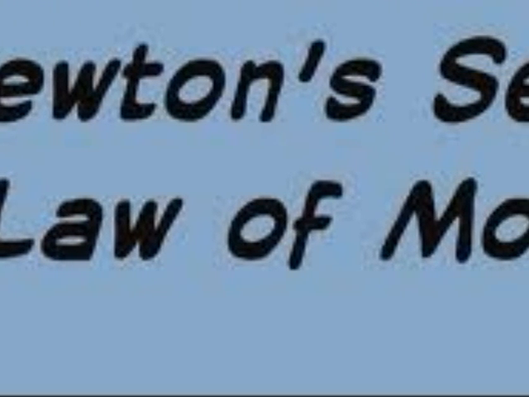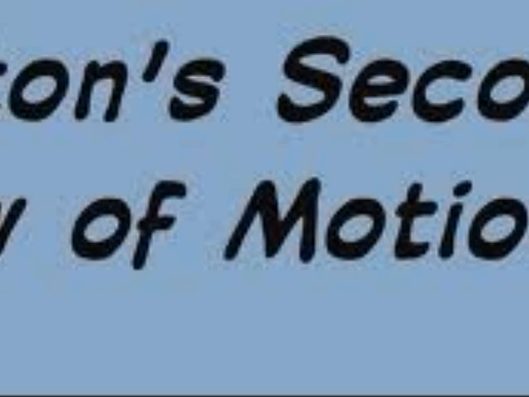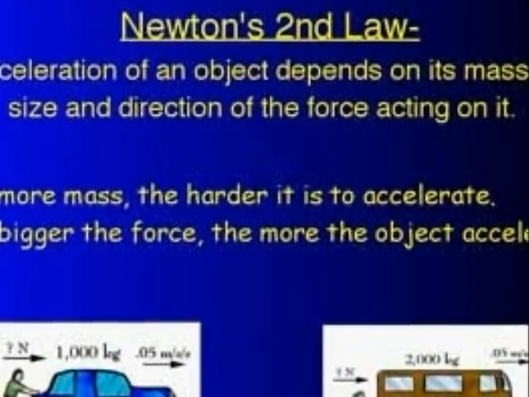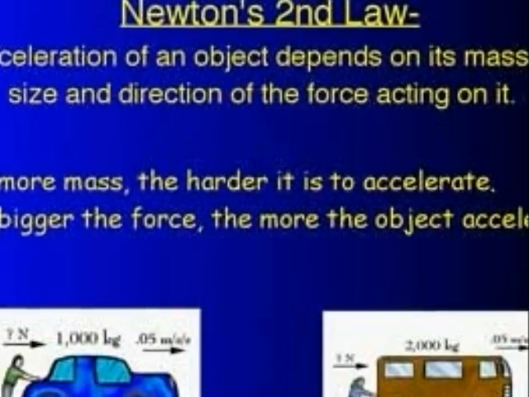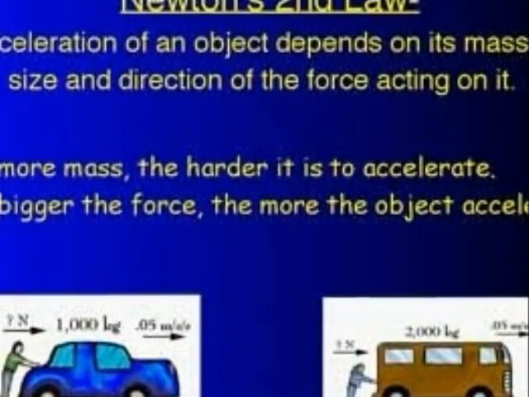Now we move to Newton's second law of motion. Now it says that the acceleration of an object depends on the mass and the size and the direction of the force acting on it.